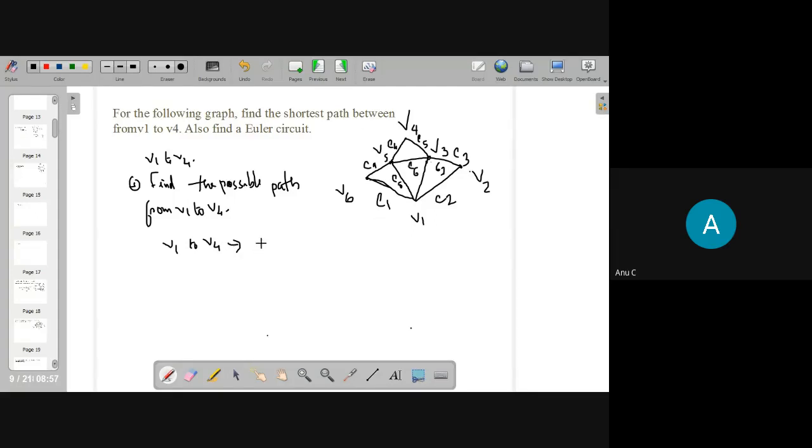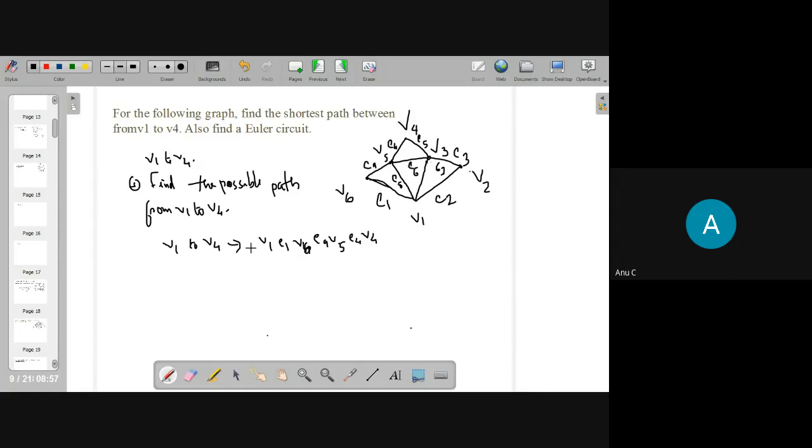The first possible path is V1, E1, V6, E9, V5, E4, V4.